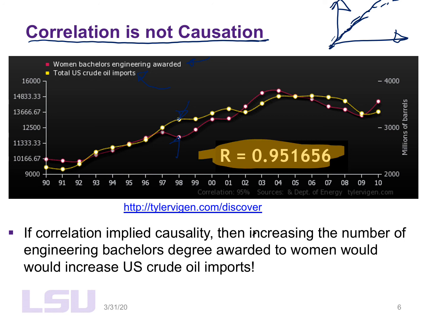Does that mean if more women get bachelor's degrees in engineering, total US crude oil imports will increase? No. So the fact that two variables are correlated doesn't always mean one is responsible for the change in the other. Correlation does not necessarily imply causality.